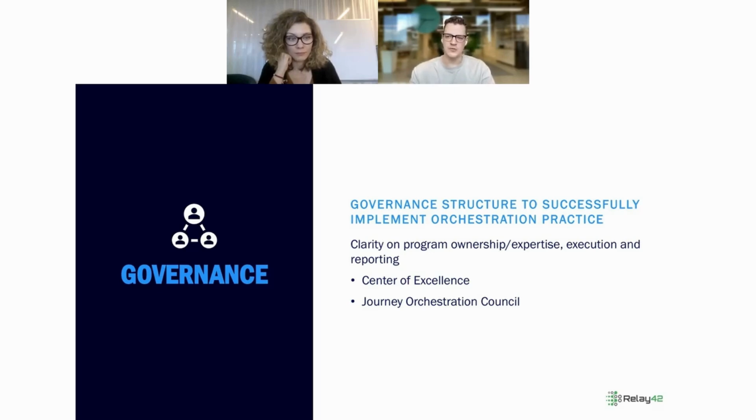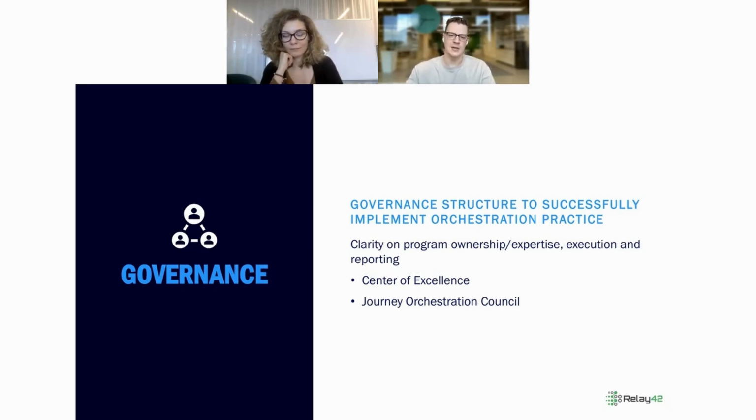So they are just a center of knowledge, a center of excellence. They have all the knowledge, they know how to do this best, and they basically tell all the departments, tell all the people this should be done, etc., in order to make it successful.